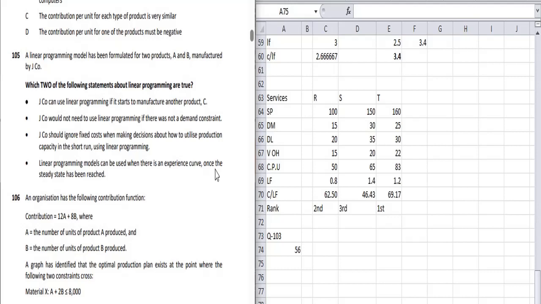The linear programming model can be used when there is an experience curve once the steady state has been reached. This is obviously okay. The question asks for two. I was wondering how two options could be right at once, but since the question asks for two, both are correct.